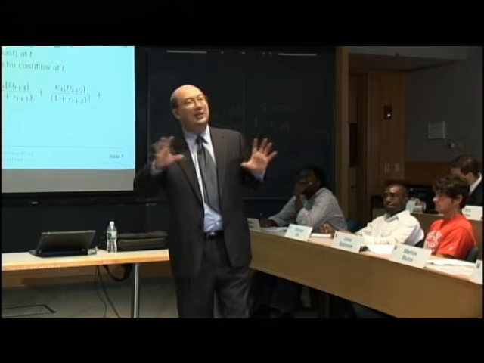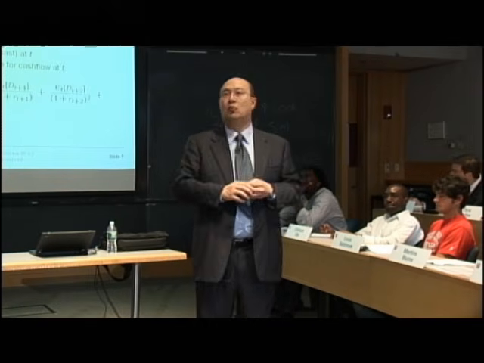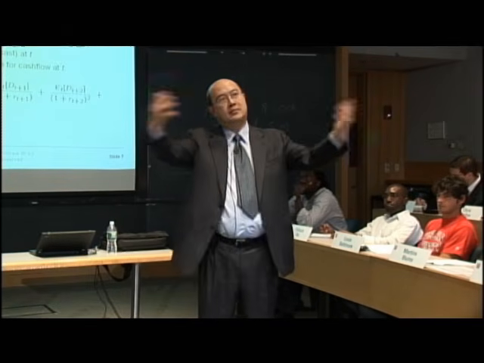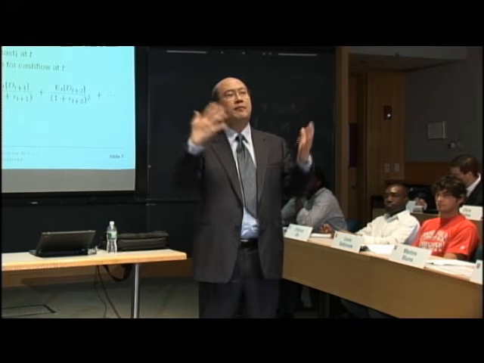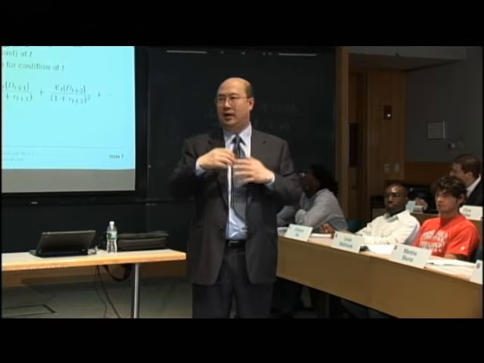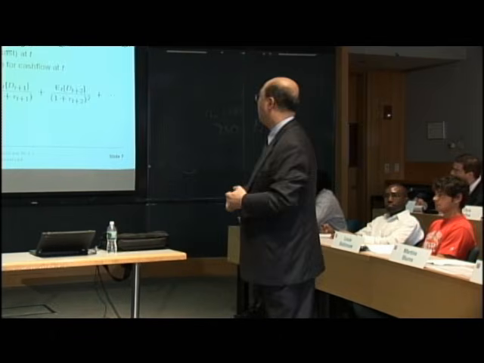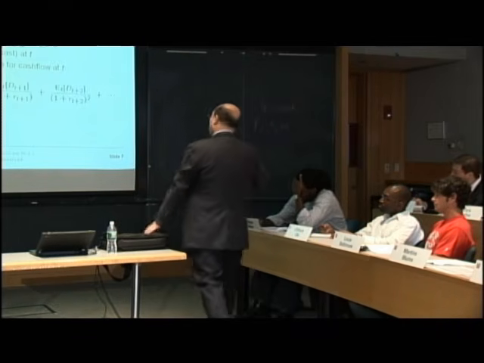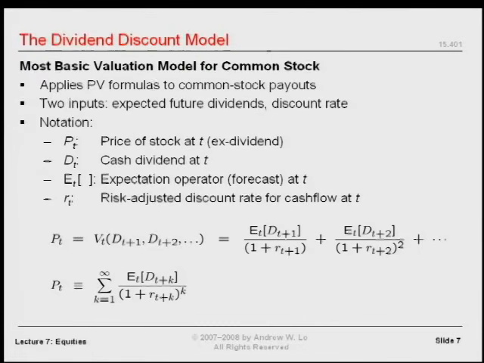But for now, let's assume that we have it and we get it from the marketplace, right? Just like we got the yield from the marketplace, it's a sum total of everybody's fears, expectations, hopes, and so on.